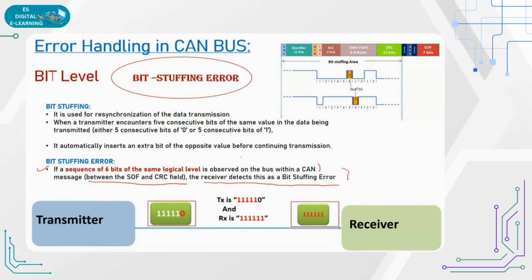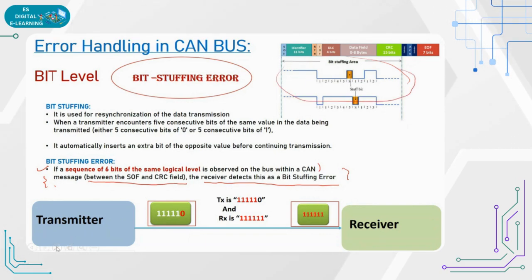So the important points are what bit stuffing is, what a bit stuffing error is, and in which area it will be identified. The bit stuffing error will be identified on start of frame, identifier, RTR, IDE, DLC, data field, and CRC field. Until this area, this is the bit stuffing area.